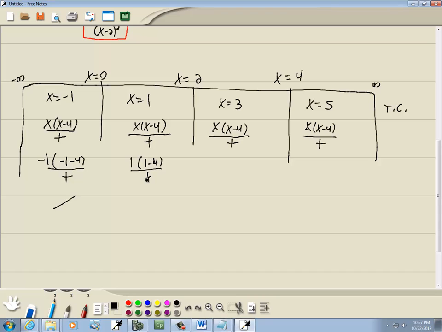Positive times a negative is negative. Divided by positive is negative. So it's decreasing. If I put 3 in, 3 is positive. 3 minus 4 is negative. Positive times a negative is negative. Divided by positive is negative, so it's decreasing. And if I put 5 in, 5 is positive. 5 minus 4 is positive, so this is positive, so this is increasing.